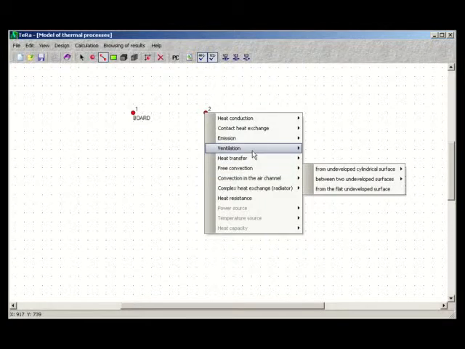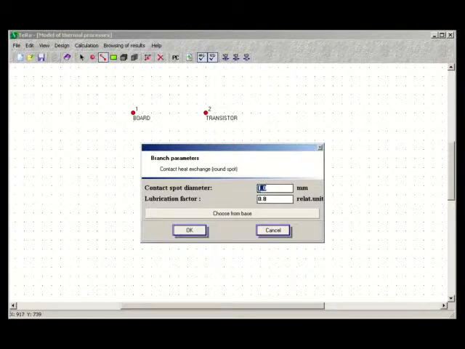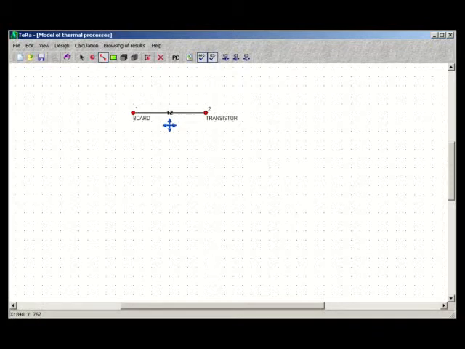Let us choose, for example, contact heat exchange, a round spot, and set the parameter diameter 1 mm. We shall choose lubrication material from the database. We have received the branch number 12.